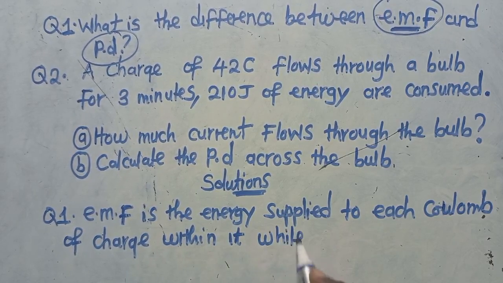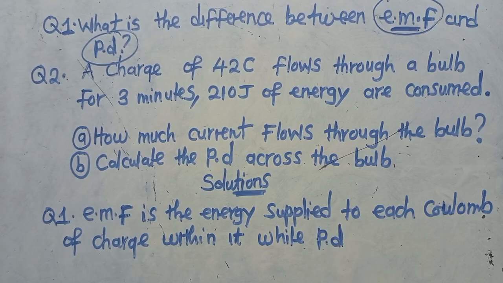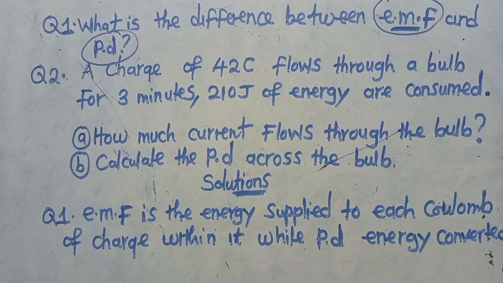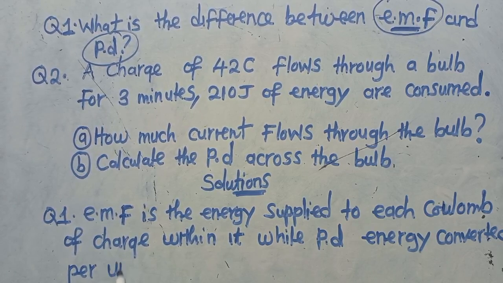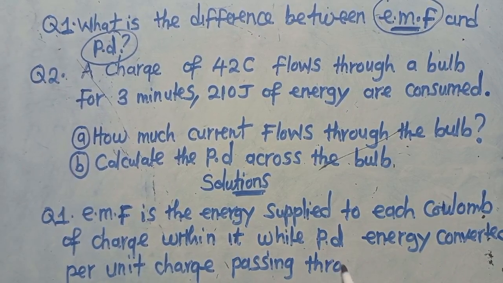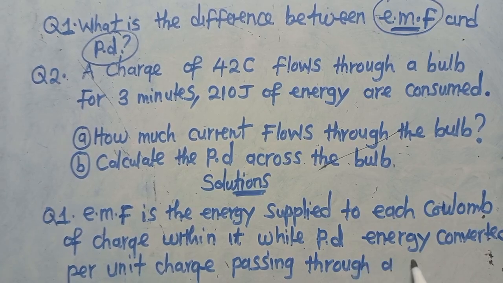When we talk about the PD, which is the potential difference, what we are talking about is the energy that is converted per unit charge that is passing through a component.